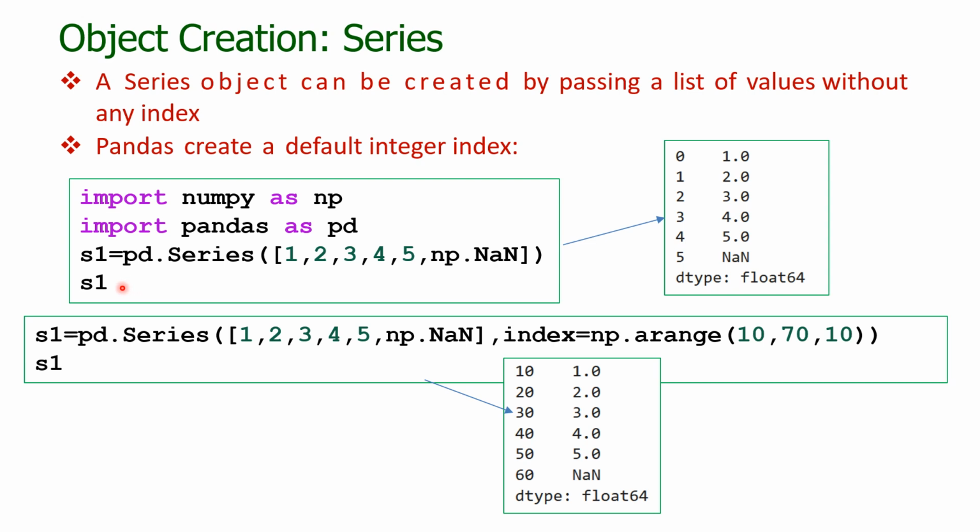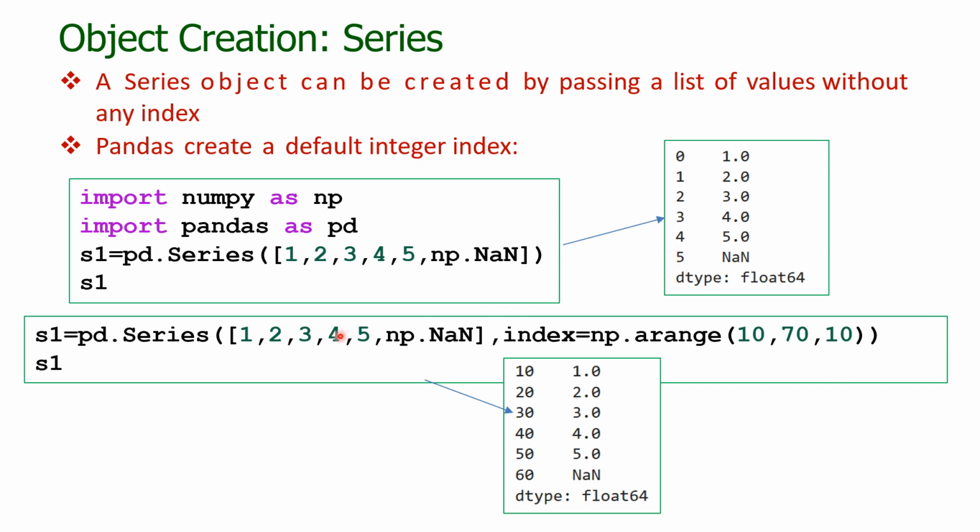So when we try to print the value of s1, it is going to print all the values that we have passed to the series object, which includes 1, 2, 3, 4, 5 and np.nan. And you can also see the index, which is the default index, because when we created the series object, we did not pass any index, but Pandas is taking the default integer index, which ranges from 0.